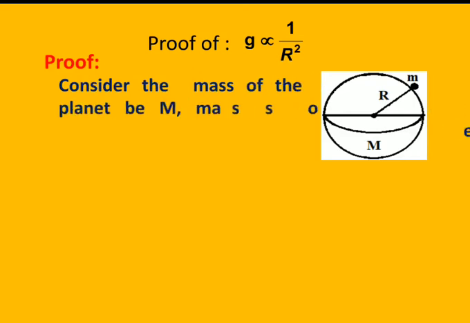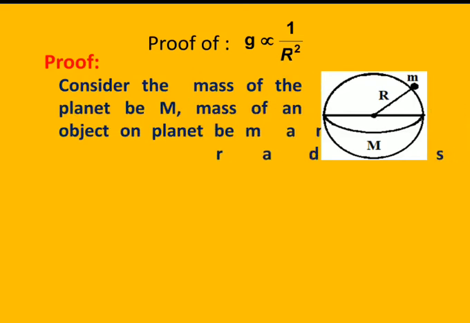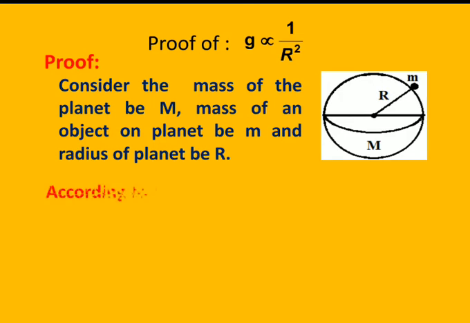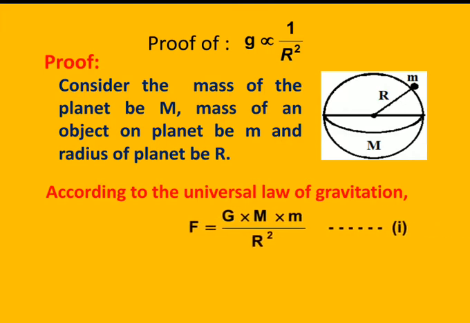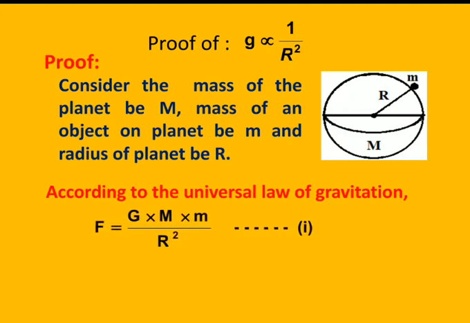Consider the mass of the planet be capital M, mass of an object on planet small m, and radius of planet capital R. According to the universal law of gravitation, F equals capital G into capital M into small m upon R square, equation number 1.